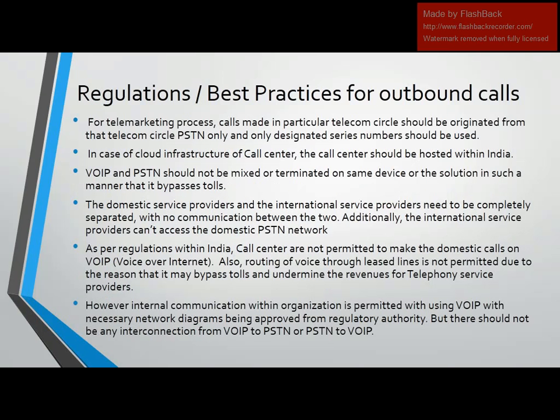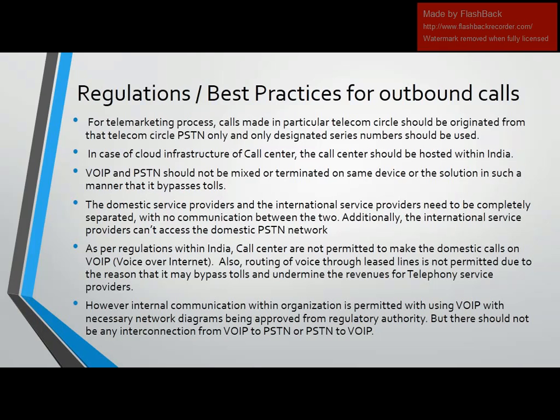For the telemarketing process, calls made in a particular telecom circle should be originated from that telecom circle's PSTN only, and only designated series numbers should be used. In case of cloud infrastructure of a call center, the call center should be hosted within India.